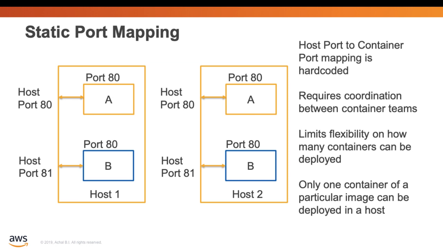The reason is, since the port would be hard coded inside the image, only one port could be mapped between the host machine and the container, right? So it will also have limits on flexibility of how many containers can be deployed.